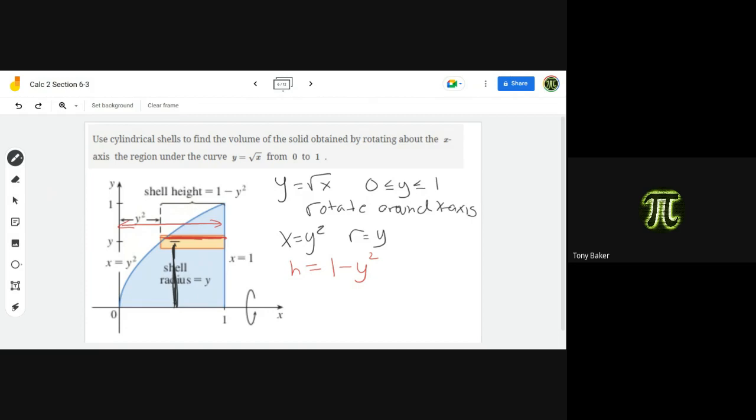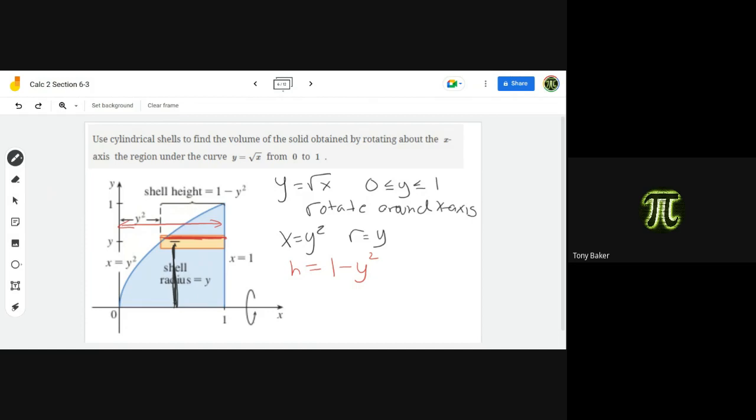Zero to anything. Yeah, because it depends on what section you're looking for. Because we're rotating this around the x-axis, we're looking for this piece in here. Okay.